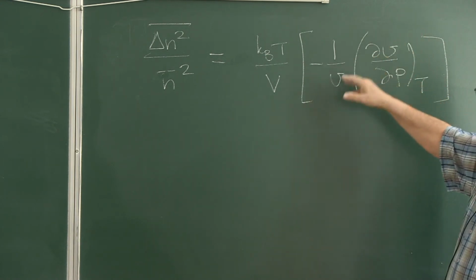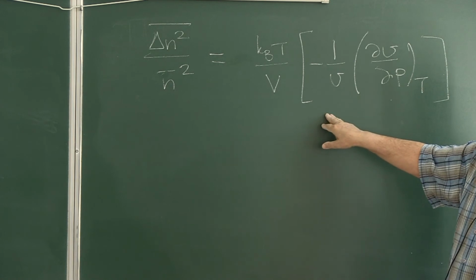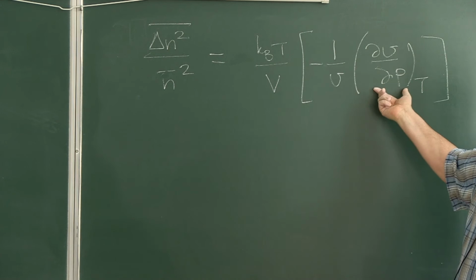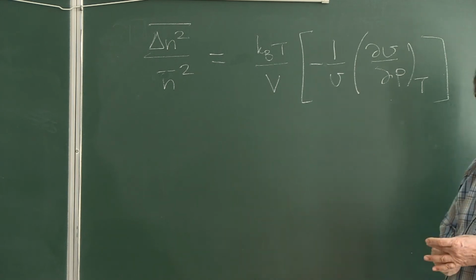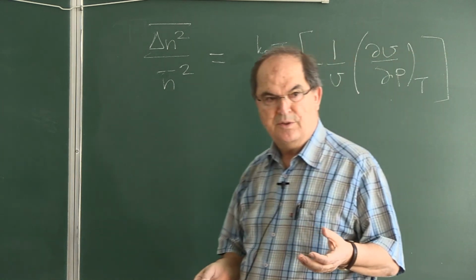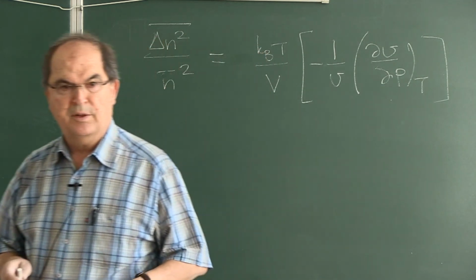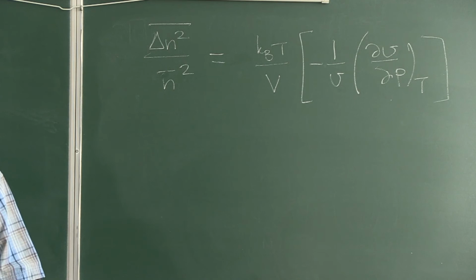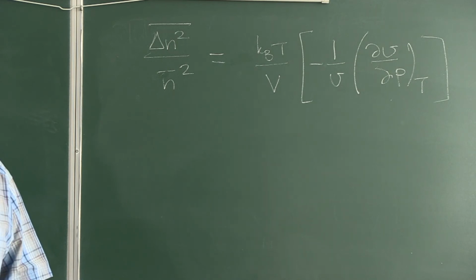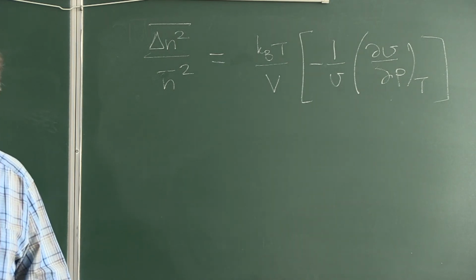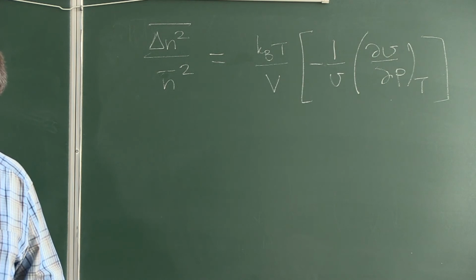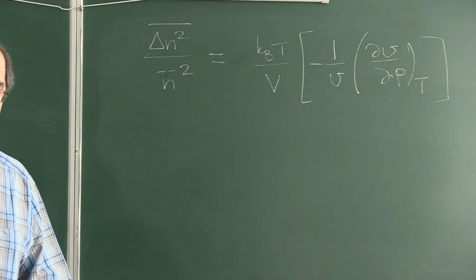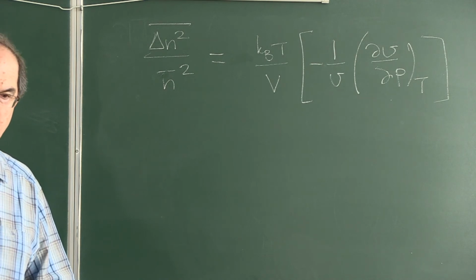Delta V divided by V is the percentage change in volume when you apply pressure. So how much the volume changes when you apply pressure. What is that? It must be a response function that can be measured experimentally, isn't it?